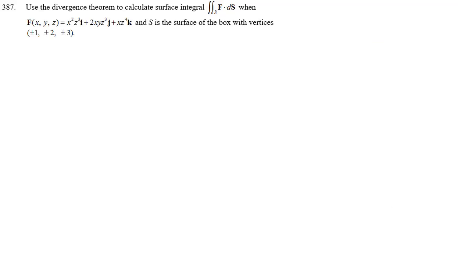Now, in the next one that we're going to do, our solid is a box. The divergence, again I'll do on my calculator, comes out to be an 8x z cubed.